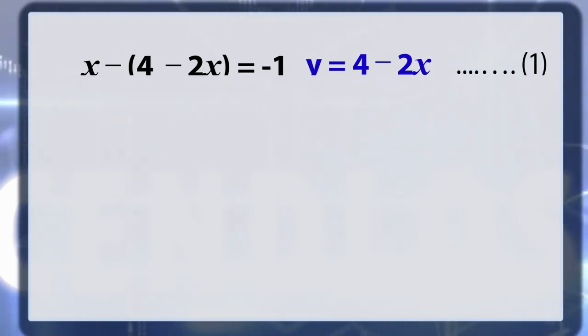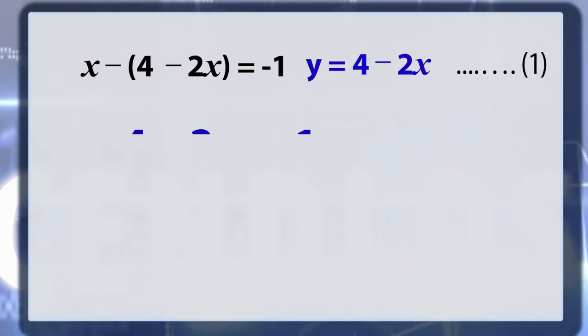We substitute this for y in equation 2. And so that will give us x minus into bracket 4 minus 2x. And then that should be equal to negative 1. So we have to remove the brackets. And because here we have the equation written in terms of x, we can see that we don't have y in this equation as of now.